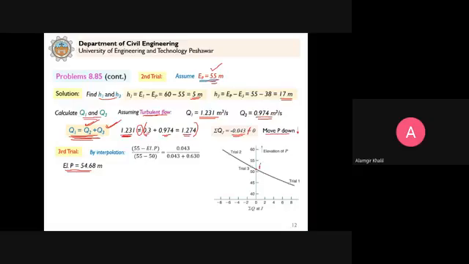This P value here equal to 54.68. Because at this value, what we get, summation of Q equal to 0.